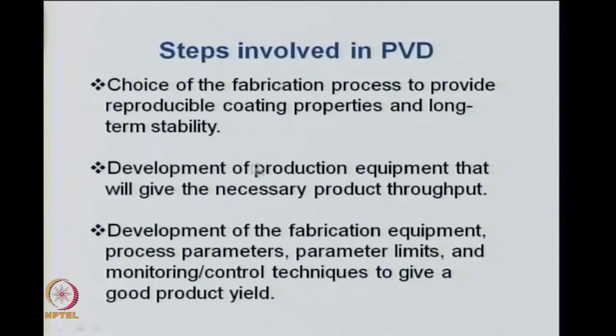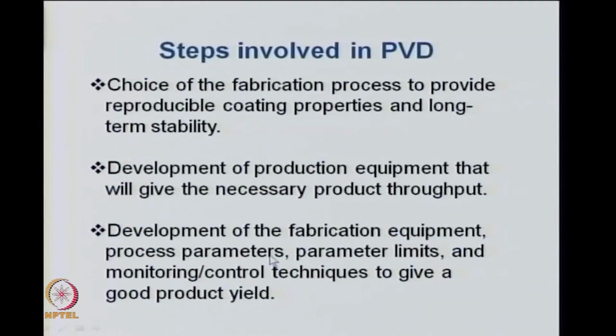All that is a part of a design to produce an equipment that will give the necessary product throughput. You also need fast product throughput for industry applications, and so the choice of the production equipment is very necessary. The development of the fabrication equipment, process parameters, parameter limits, and monitoring and control techniques ultimately will give you the best product and also a high yield.